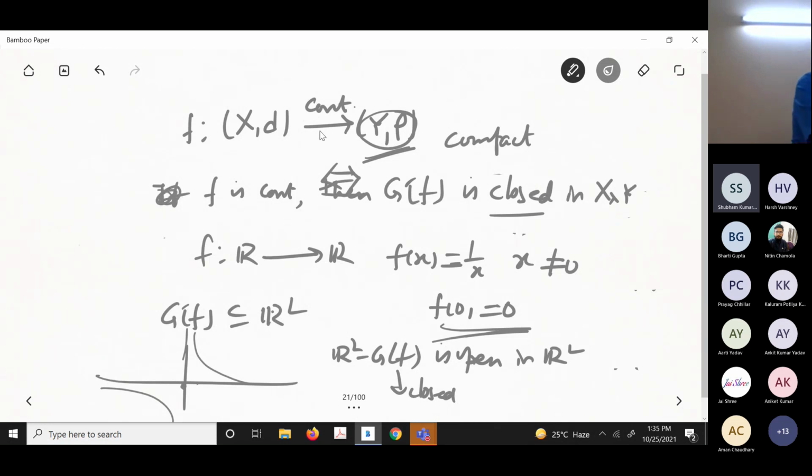Suppose you have a function. Then f is continuous if and only if its graph is closed.